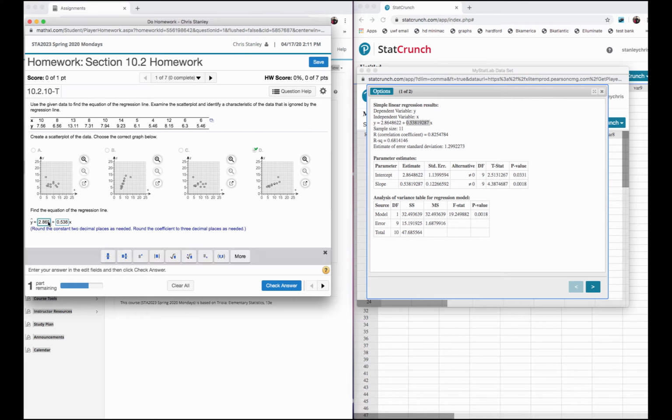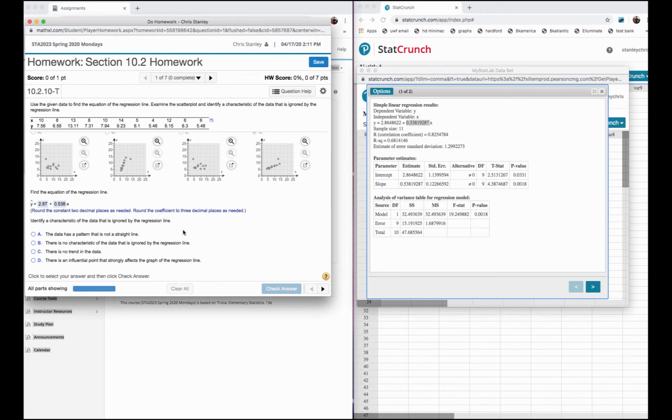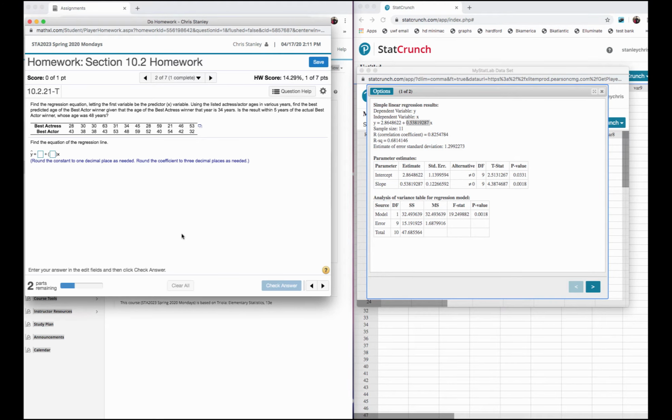Round the constant. That's the constant right there. A coefficient's a number that's to the left of a variable that's being multiplied to the variable. I would say the thing that's being ignored is this little dot up here. Hopefully you noticed that.